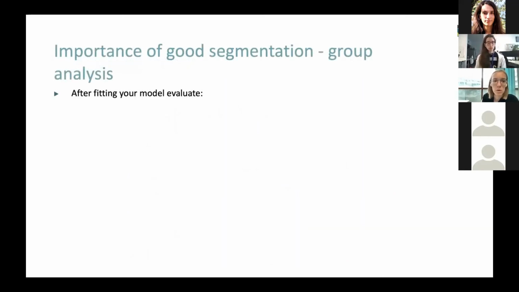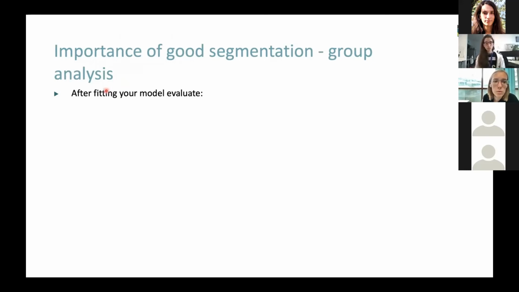So again, about the group analysis, I just wanted to tell you a bit more clearly why you should not include any subject in the analysis, only with a good normalization and a good mask.